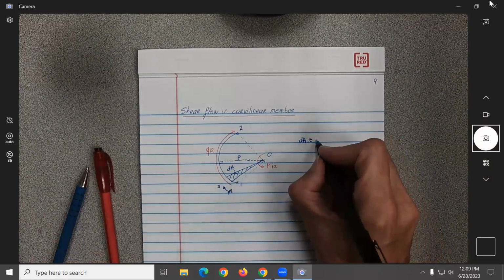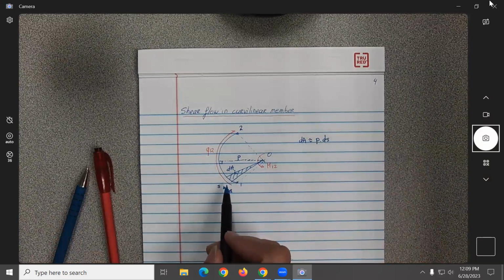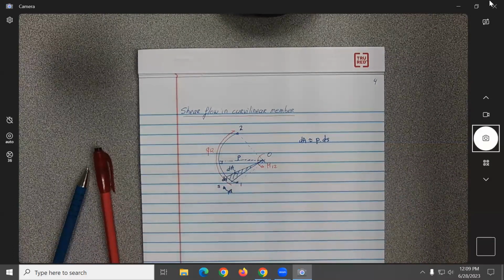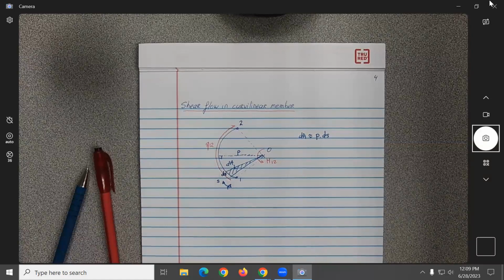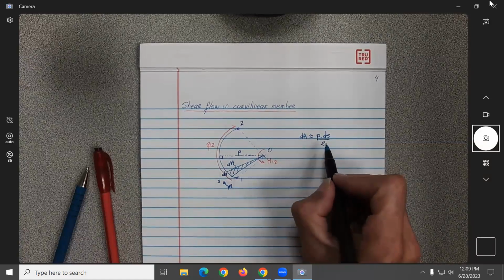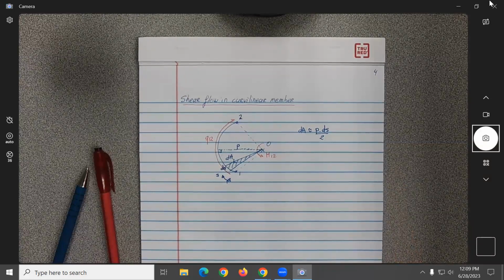It would be P times ds, this little arc over here, that little segment times P, and I take half because that would be the area of a triangle, half the area of the rectangle. Again, this is not important. The only important thing is the final equation.